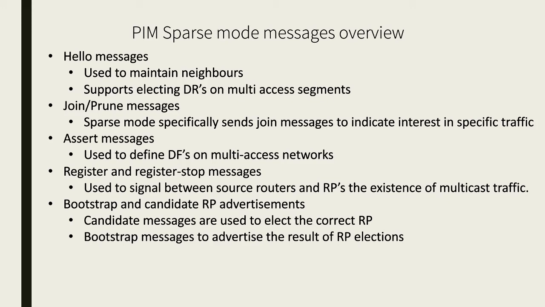Now what we also have are assert messages, again very similar to how they operate inside Dense Mode. We then have register and register stop messages. These are very specific to the rendezvous point, or RP, operation.